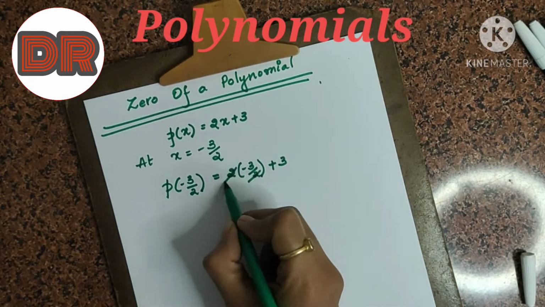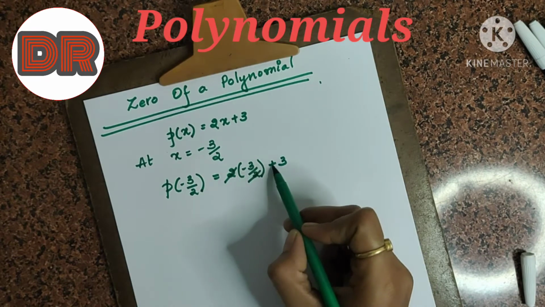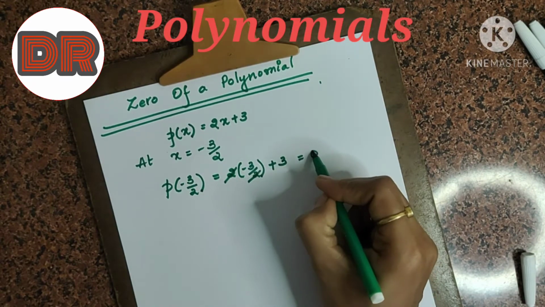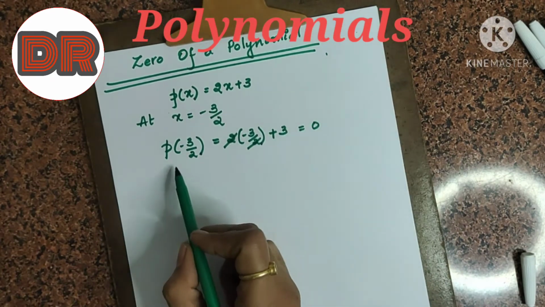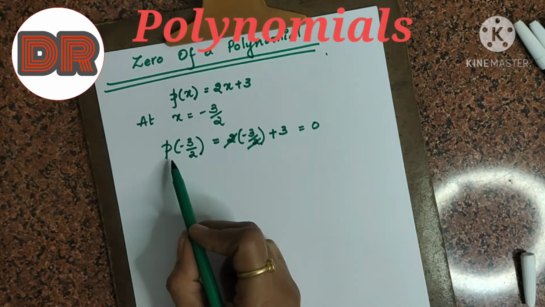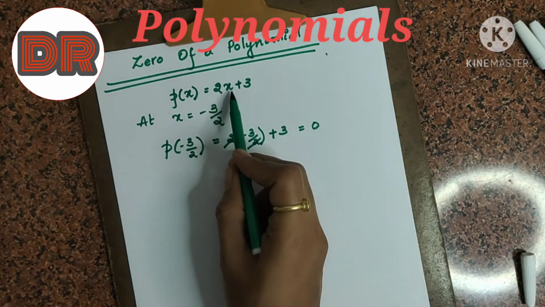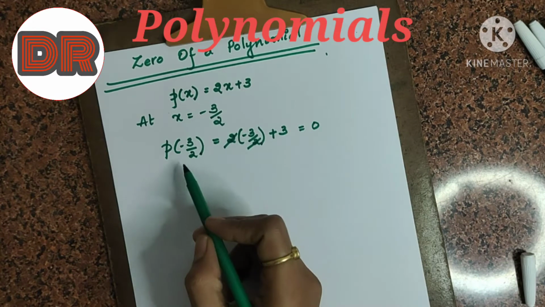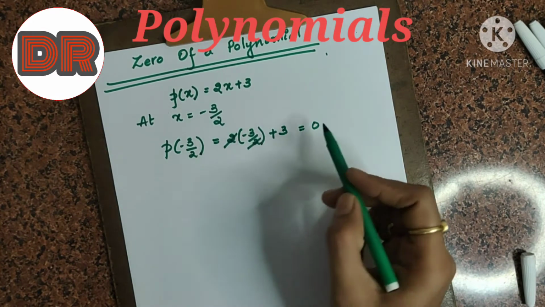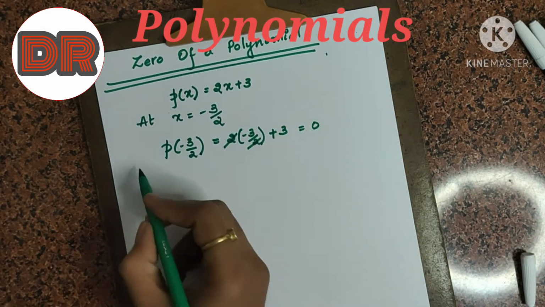So this gets cancelled. So minus 3 plus 3 becomes 0. So we are getting the value of the polynomial, which is p of x is equal to 2x plus 3, at minus 3 by 2 is equal to 0.